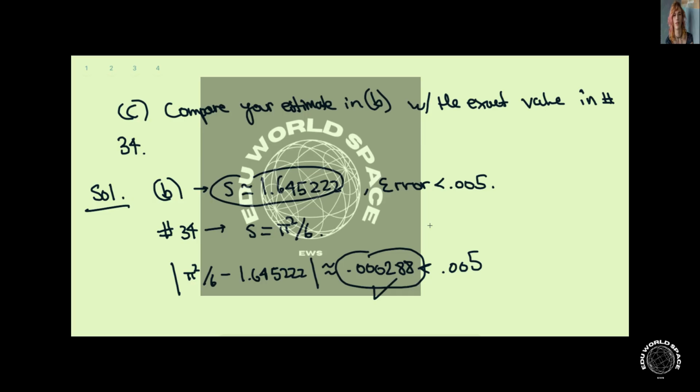So this shows that the answer we're getting from part B is very, very close to the exact answer here.